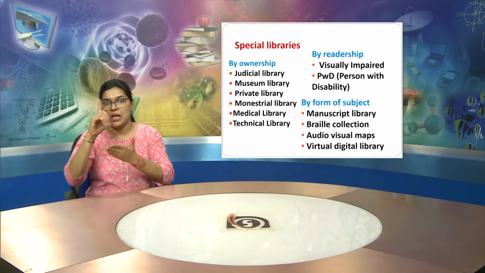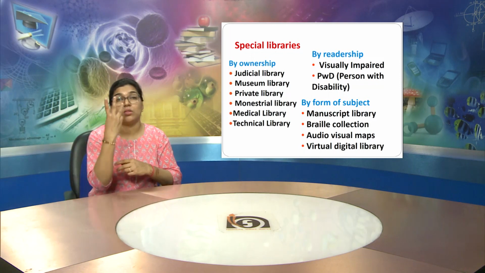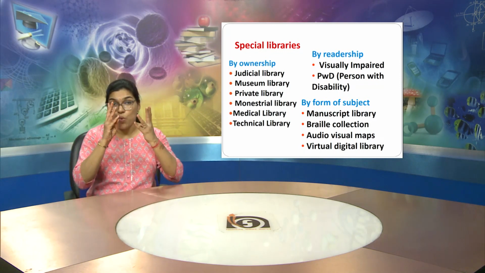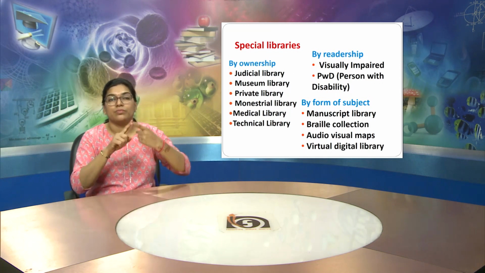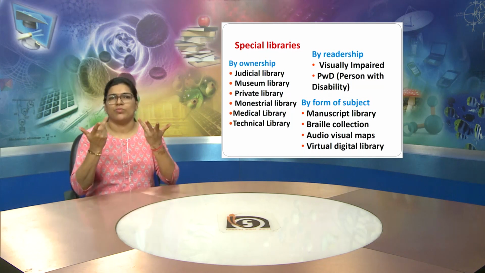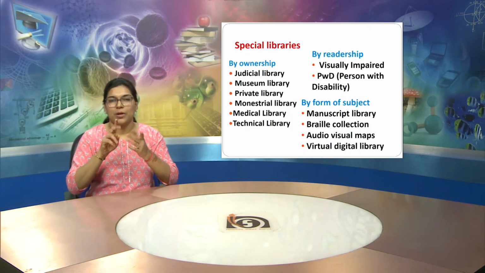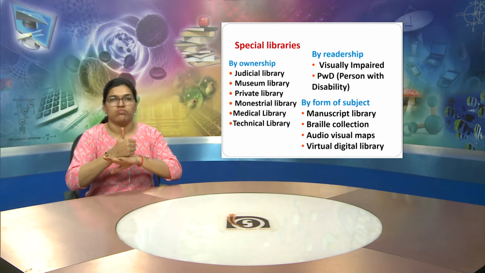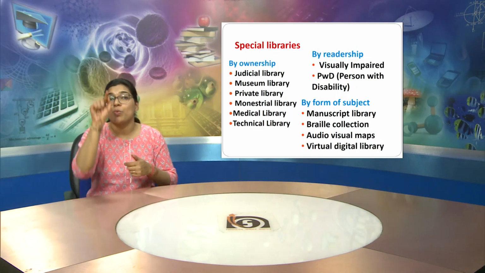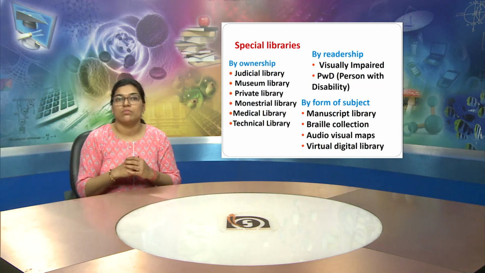We have understood the three types of library. Now this is the fourth type of library, which is special library. The special library can be categorized into three different types. The first is by ownership.